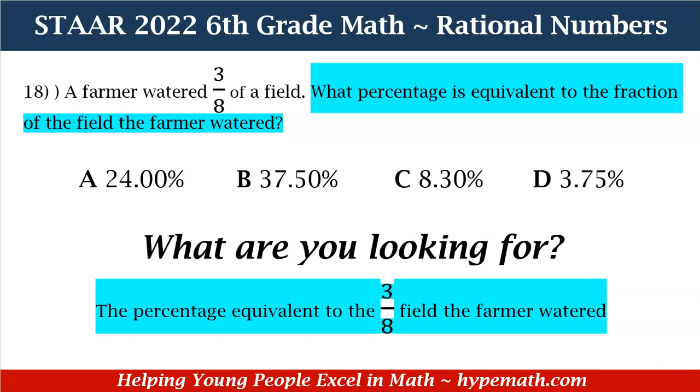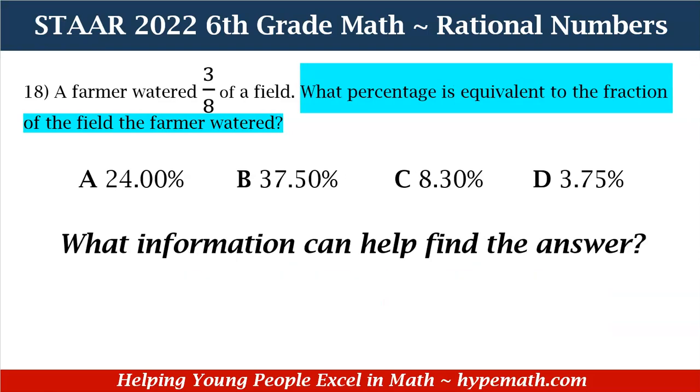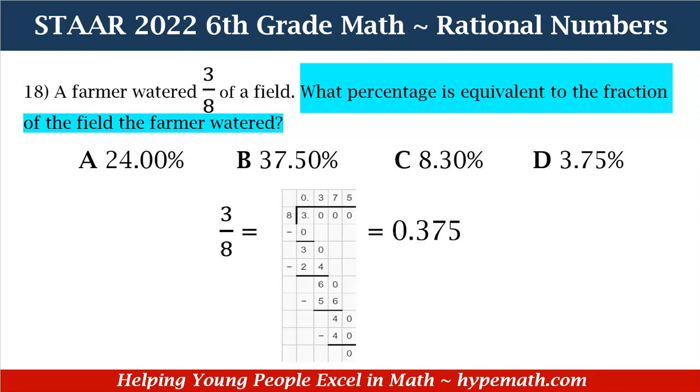Now that we know that, what information can help us find the answer? Well, what we need to do is convert 3/8 to a decimal first. And when we divide, remember, sixth graders, the denominator goes on the outside of the house and the 3 on the inside of the house.